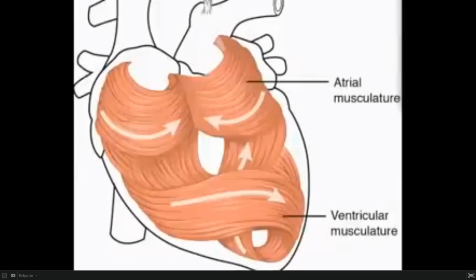In one state, they collect pressure; in the other state, they make a move. They contract to pump the blood. But it is a really good picture to show how nature makes the direction of muscle like infinity.